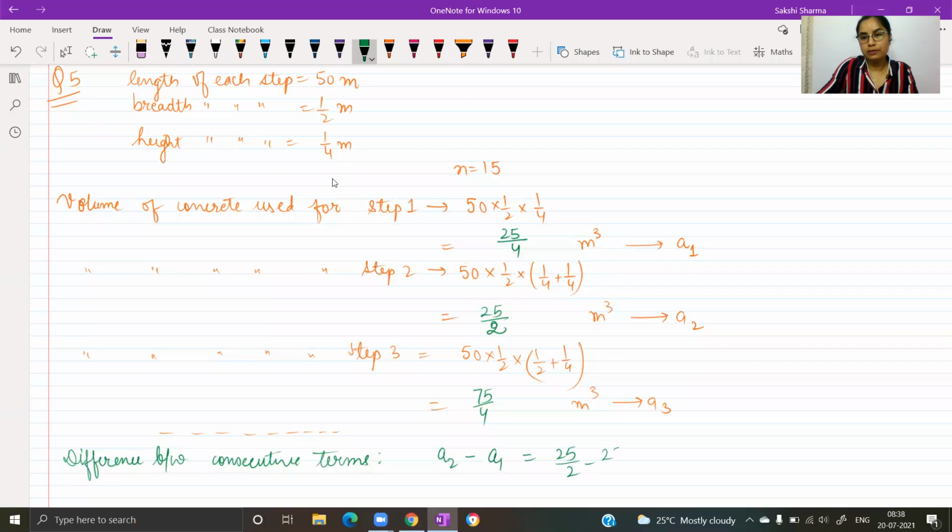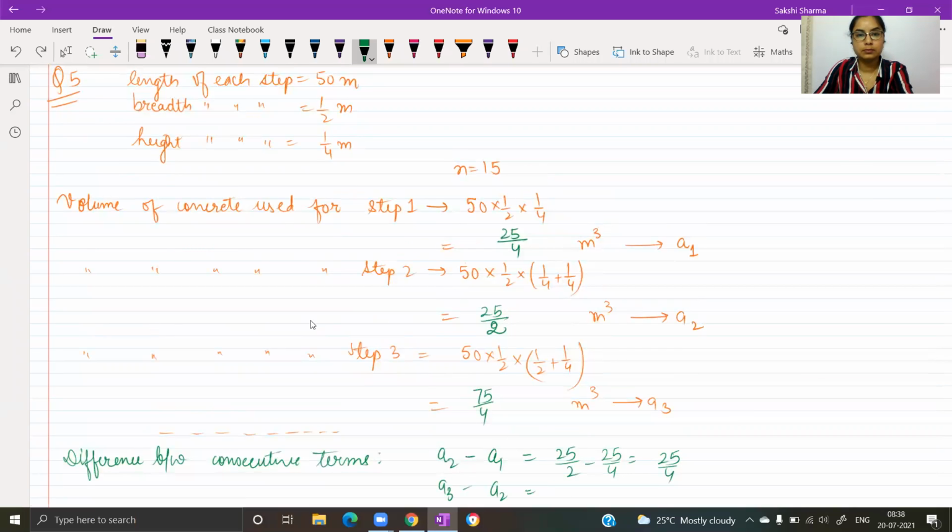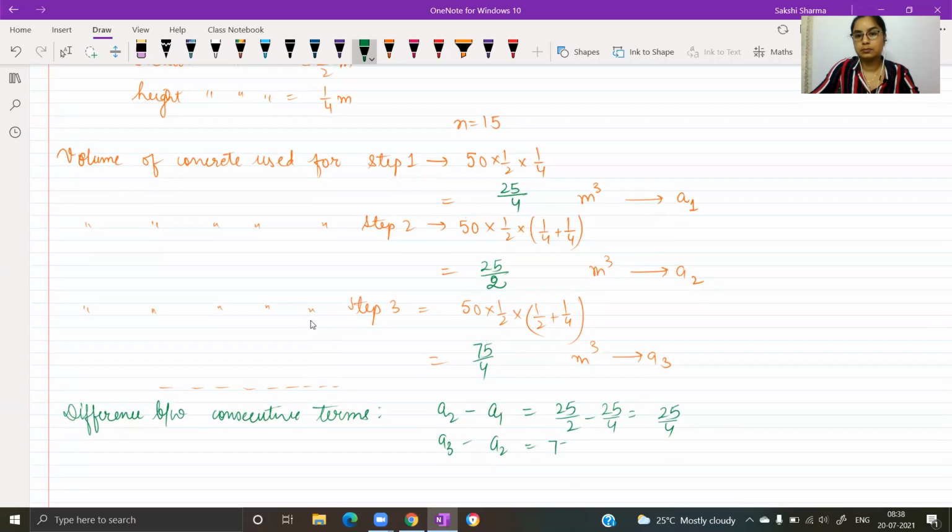25 by 2 minus 25 by 4 gives 25 by 4. Then A3 minus A2, we have 75 by 4 minus 25 by 2. I'm just using the values you have given to me. I'm not cross-checking, so please ensure that the values you're giving to me are correct.